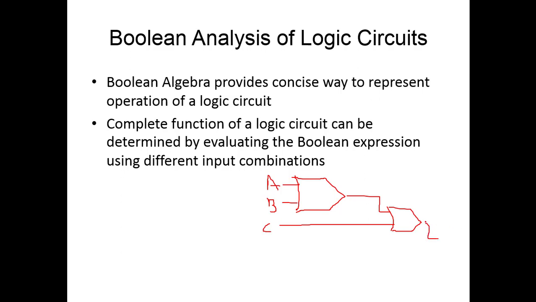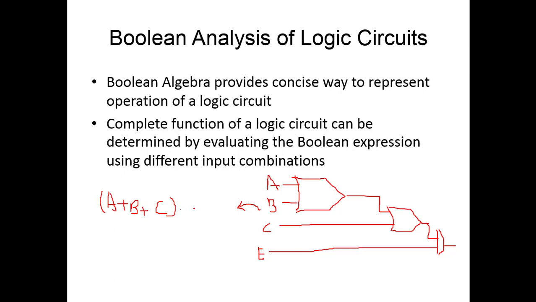Now this is a digital circuit, and you can express this circuit with the help of a Boolean expression, which is (A plus B plus C) and E. Now how you can verify its operation?